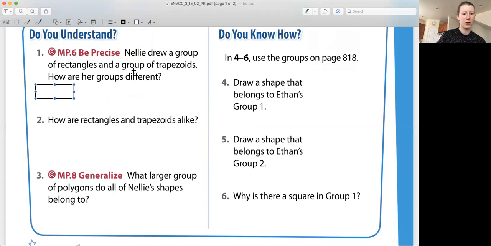And then she also drew trapezoids. And a trapezoid, I'm going to have to make it with lines here on my computer. Looks a little bit different than a rectangle. So here's my trapezoid.